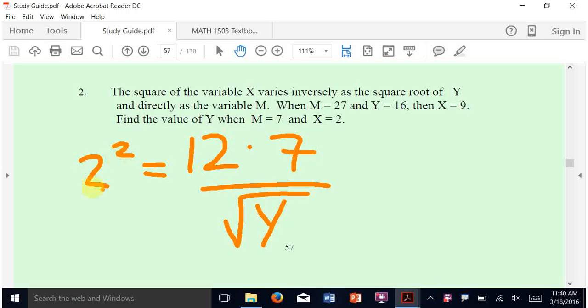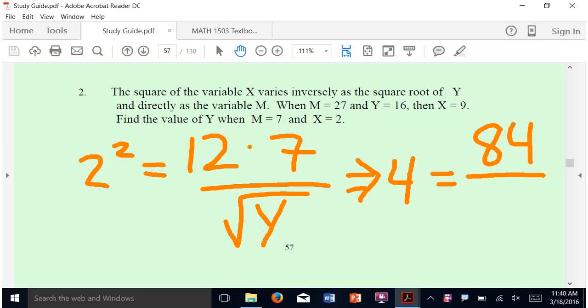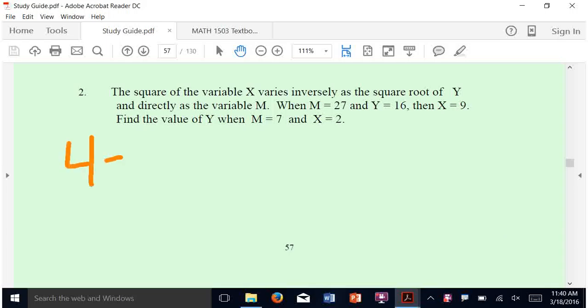So 2 squared is 4, and 12 times 7 is 84, and then the square root of y. Let's rewrite this again: 4 equals 84 over the square root of y.